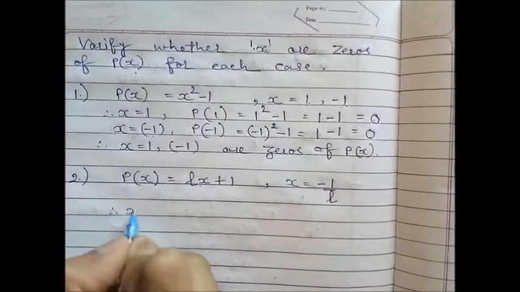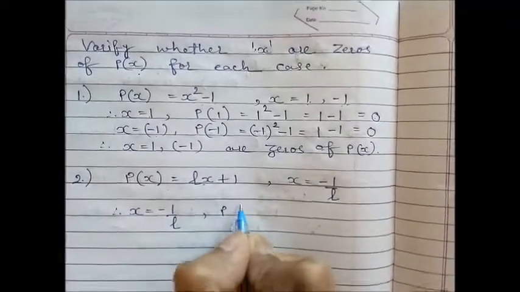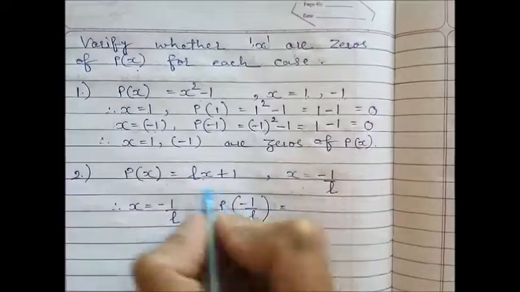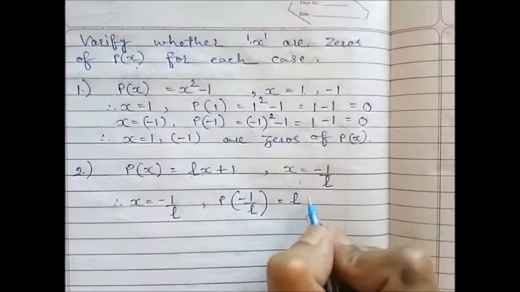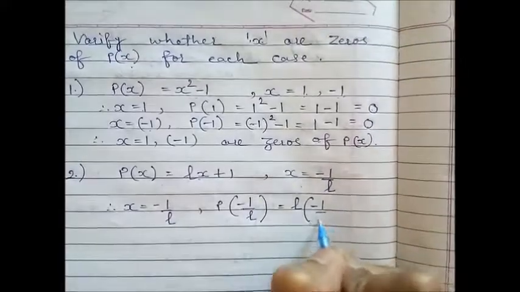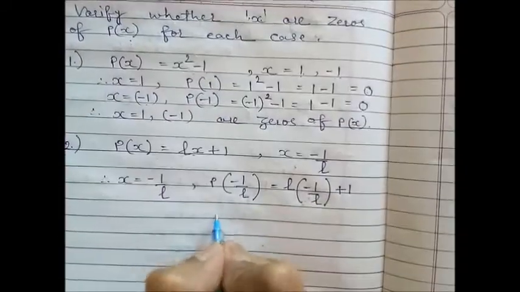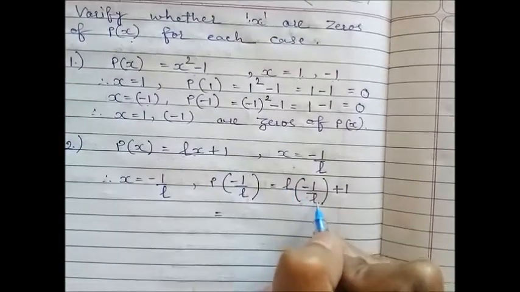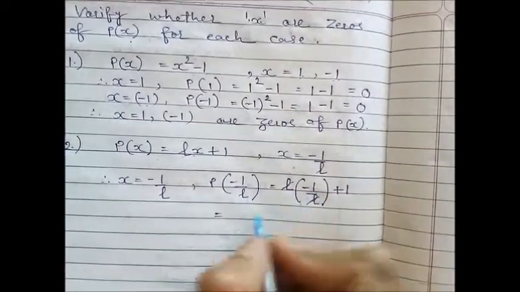So we will take x is equal to minus 1 upon l. So we will find p of minus 1 upon l is equal to, now this l will remain the same, that is l into, in place of x we will write minus 1 upon l, plus 1, right? Now this l will be cut because this is in multiplication and this is in division, so l cut. What is left?